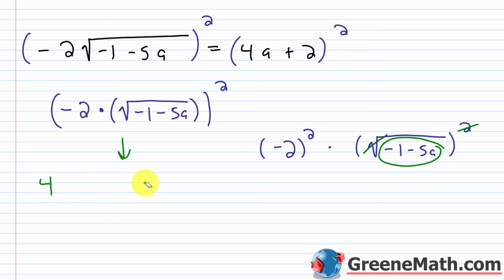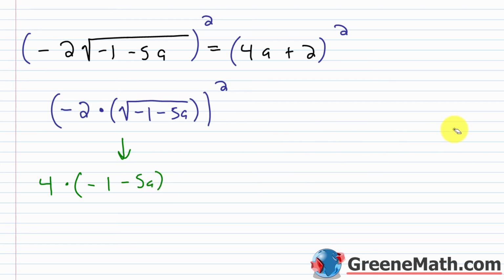Again, if we go back to the example of a times b, and this is squared, we all should agree that this is a squared times b squared, okay? So it's the same thing here. This is squared, that's 4, times the result of this squared, which is the quantity -1 minus 5a. So you've got to make sure that you do that correctly.